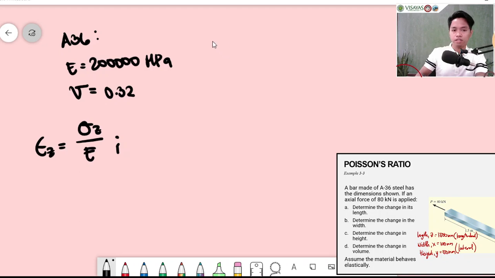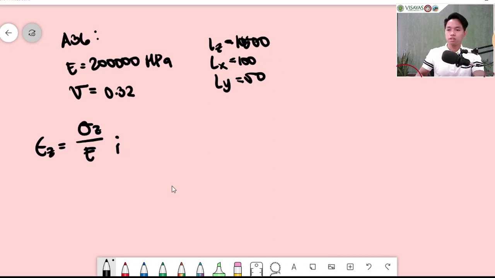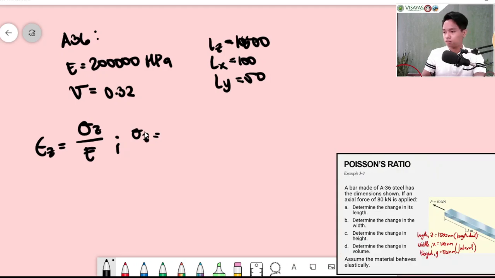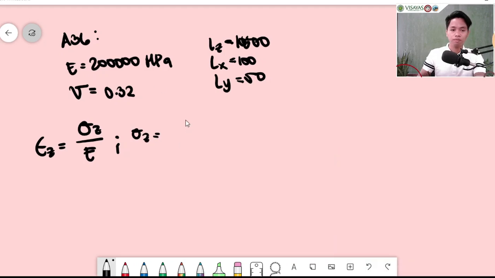Your LZ is equal to 1,500, your LX is equal to 100, and your Ly is equal to 50. So, we can solve your stress at Z. The force applied is 80 kilonewton, that would be 80,000 Newton.